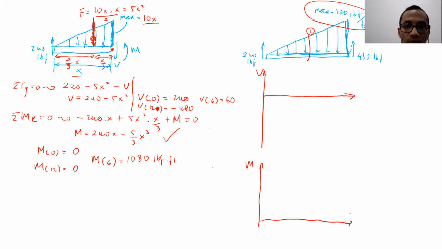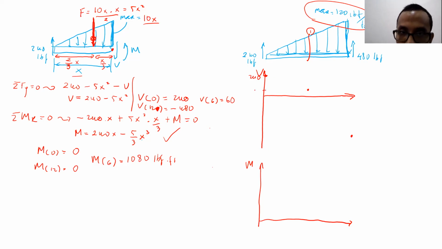The shear force diagram at x equal to 0, the value is supposed to be 140, right? Yes, 140. And then at x equal to 6, the value is supposed to be 60. Roughly here. And then at 12, the value is supposed to be minus 480. So roughly here. So this is your graph.